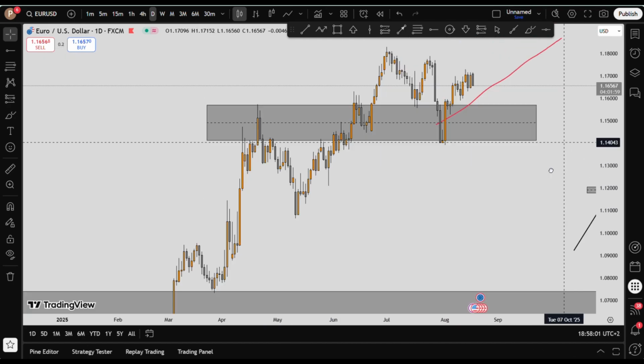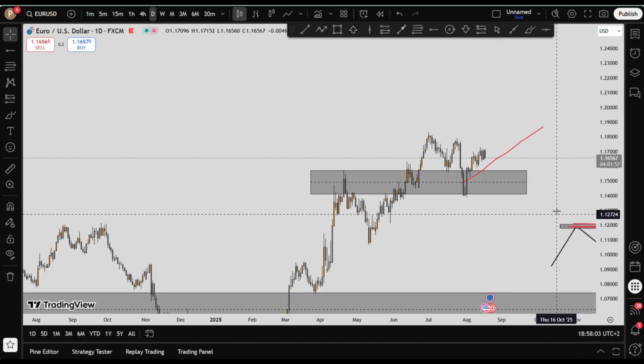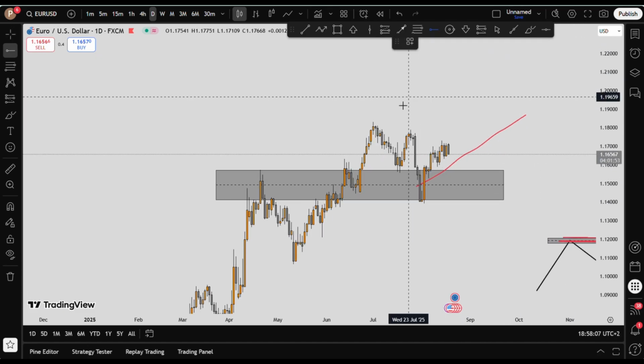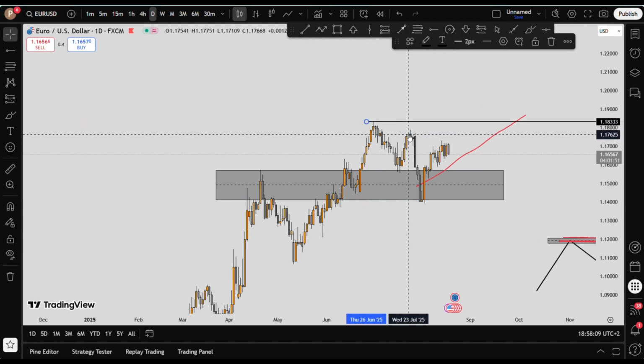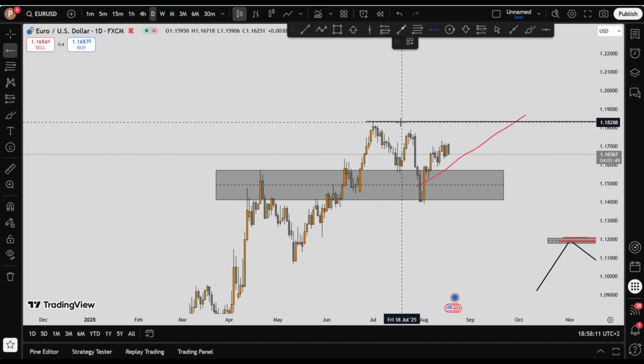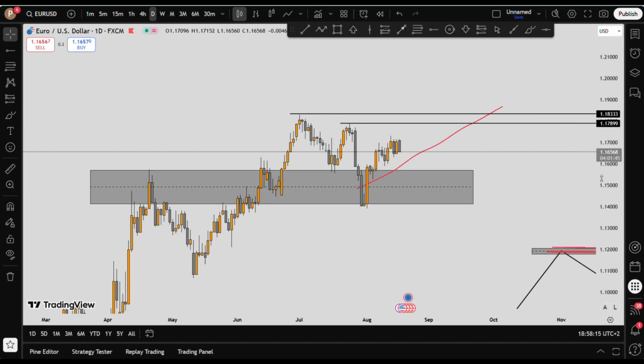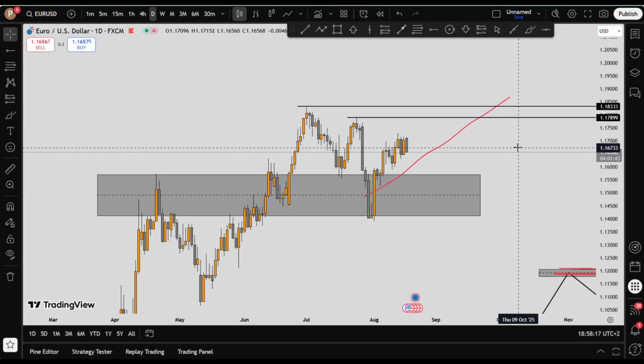We need to see a clear break of highs and lows. So currently we have these highs. We need to start seeing them getting broken first before we initiate any type of entry.